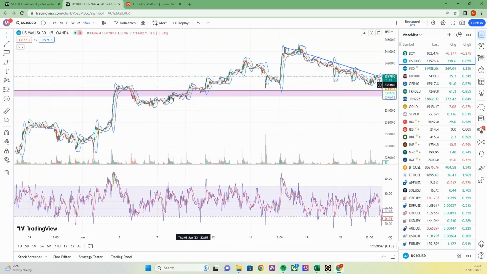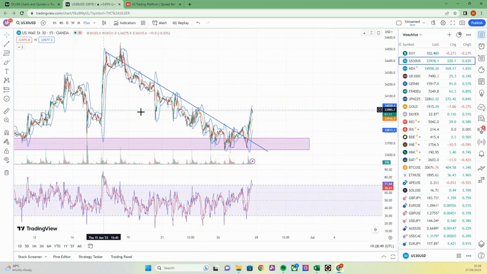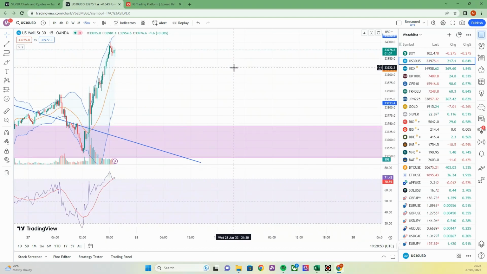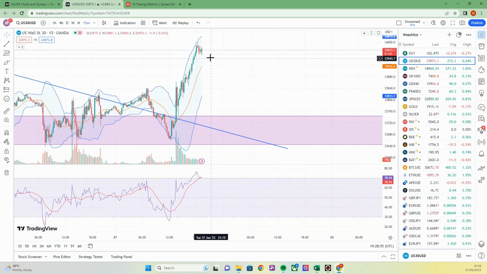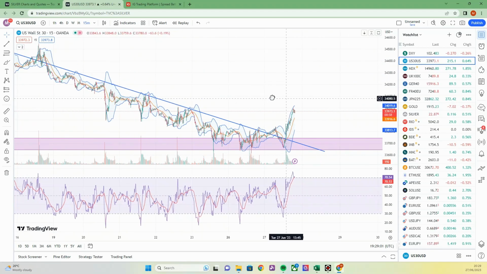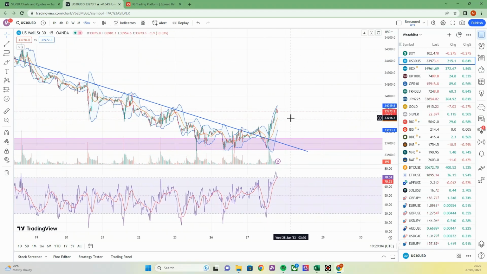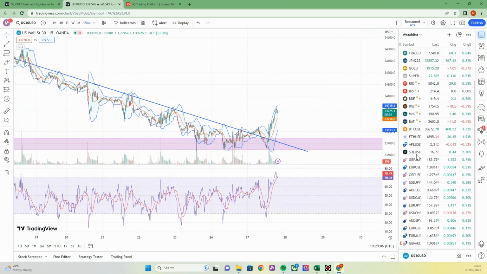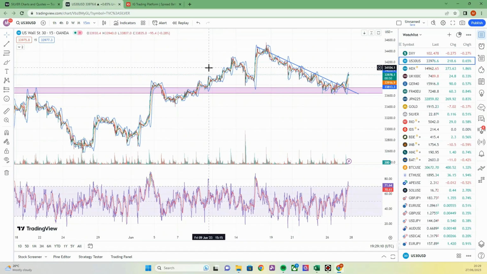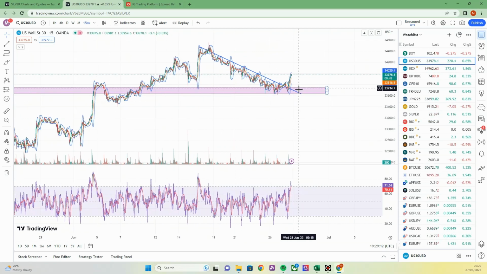What I'm going to do is wait for some sort of pullback, almost like a tester, retesting to then find some sort of entry into it. That's what I'll be looking for. And if it doesn't, then I'll be looking for a breakout and then a retest to go down.